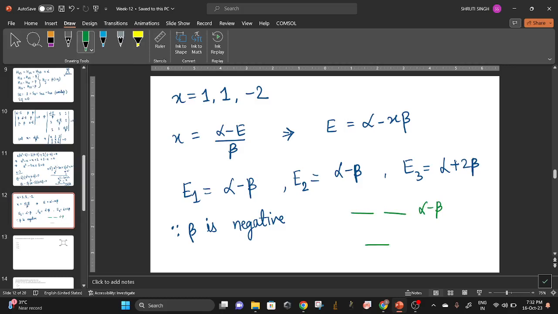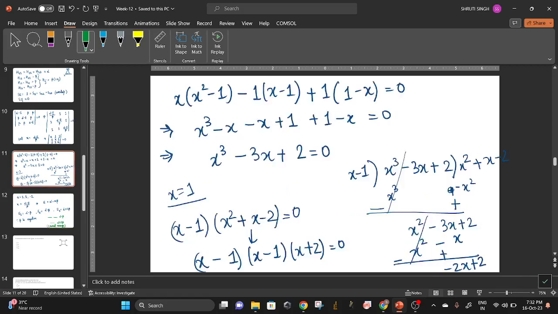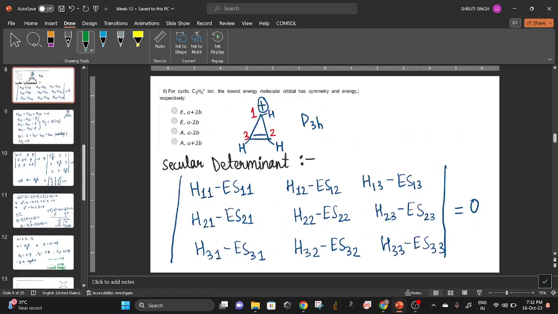Since beta is negative, this term will become alpha minus 2 times something, and we are subtracting something from alpha, and here we are adding. So this will become the lowest energy, alpha plus 2 beta. Okay, so the lowest energy is alpha plus 2 beta. So answer to this question is alpha plus 2 beta, and A.